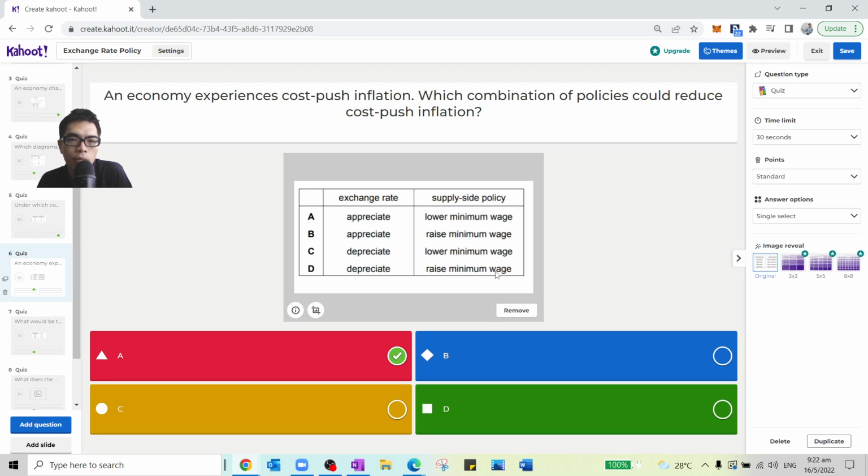And you realize that for supply side policy, which we'll be covering in a short while, we will be lowering minimum wage, or we could weaken the wage bargaining power of trade union. Either of these will reduce your cost pressure. One is your import cost, the other one is your wage cost, and this will reduce your cost push inflation. Is everyone clear about that? Yeah?